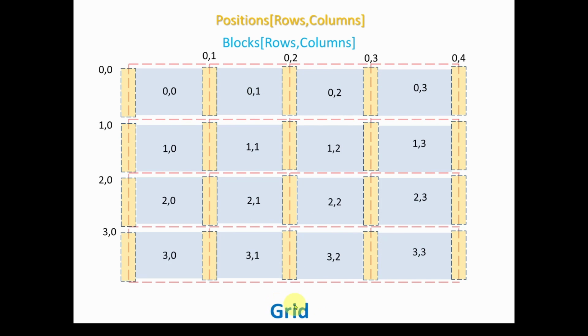So here I've got this grid that defines our diagram, and basically I have positions, arrays of positions in orange. So I've got position 0, 0 here, position 0, 1, 0, 2, and then I've got these blocks where the lines go, and I've got block 0, 0, block 0, 1, 0, 2.